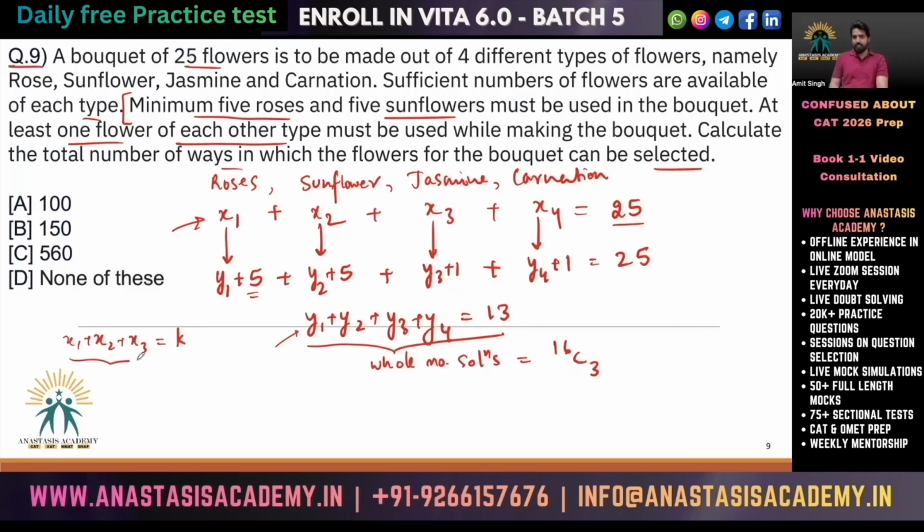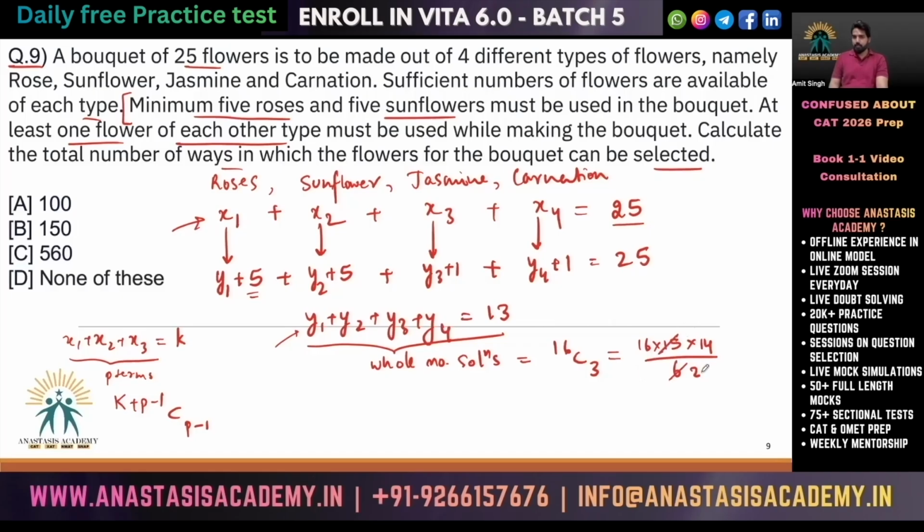If there are p terms, you find whole number solutions as k plus p minus 1 C p minus 1, correct? So whole number solutions would be 16 C 3, that is 16 into 15 into 14 upon 3 factorial, that is 6.